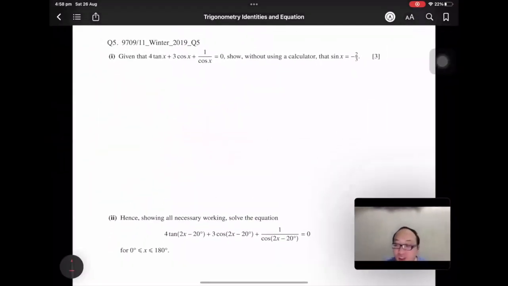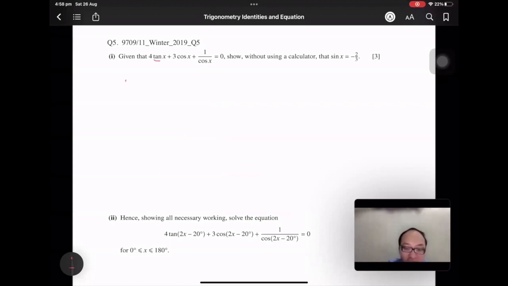Given that tangent x plus 3 cos x plus 1 over cos x equals 0, without the calculator, show that sin x equals negative 2 over 3. So from here, I can change tangent. Tangent is sin x over cos x plus 3 cos x plus 1 over cos x equals 0.